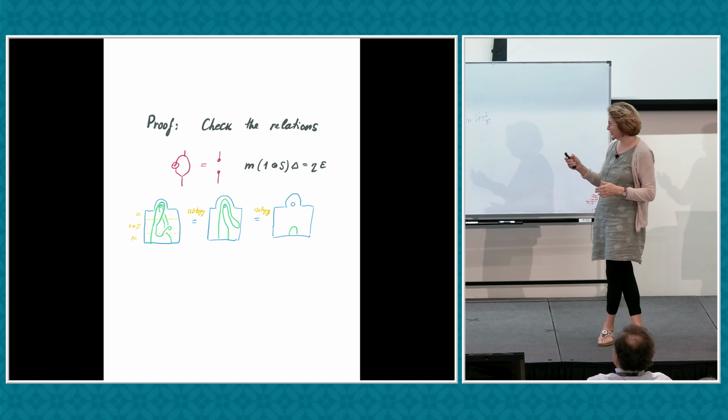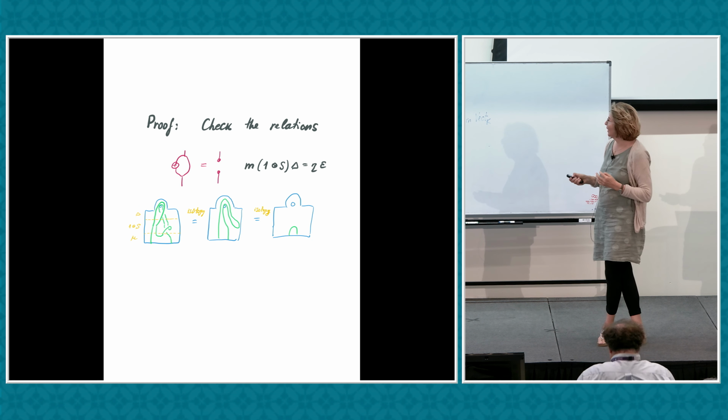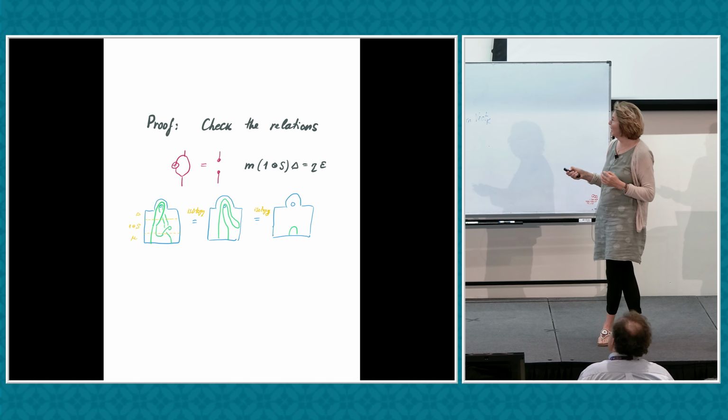So this is the antipode relation. And what does it mean in my setting? Remember, I should first start here with a co-multiplication, then put here the antipode, then multiply. And then I would like to reduce this into a composition of the co-unit and unit.